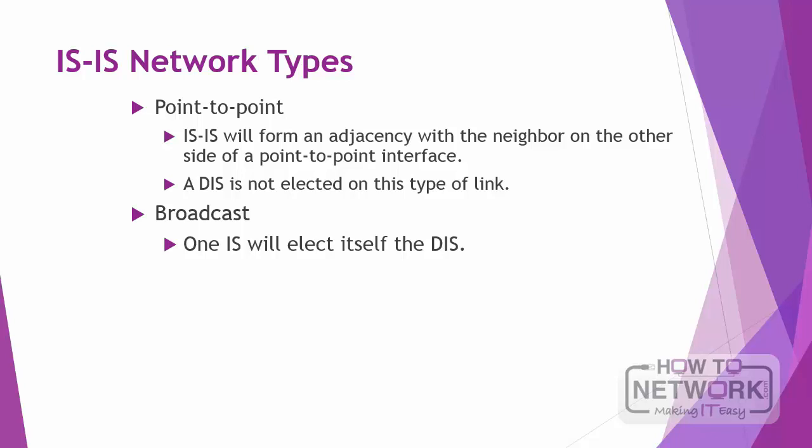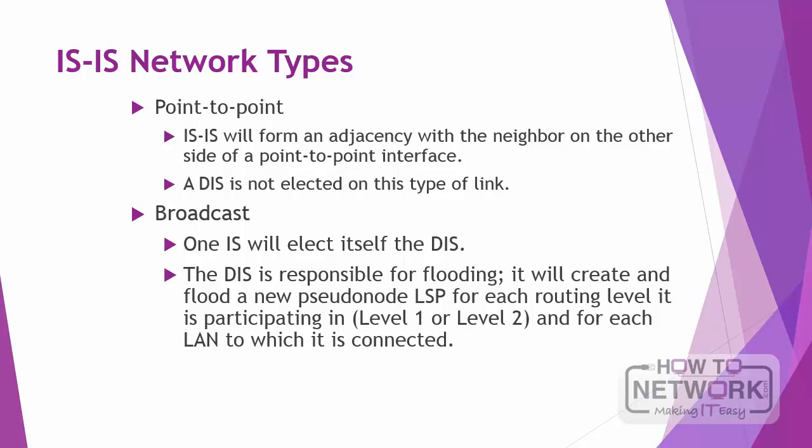The DIS is responsible for flooding, and it will create and flood a new pseudonode LSP for each routing level that it is participating in, that is level 1 or level 2, and for each LAN to which it is configured and connected. A router can be the DIS for all connected LANs or a subset of connected LANs, depending on the configured priority, or if no priority is configured, the layer 2 address.